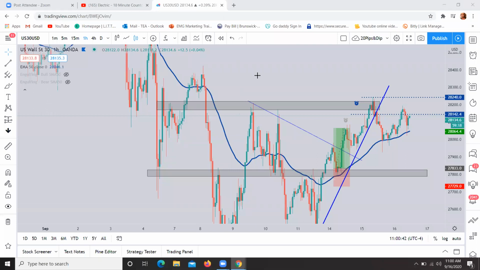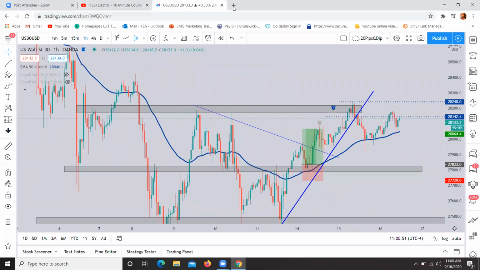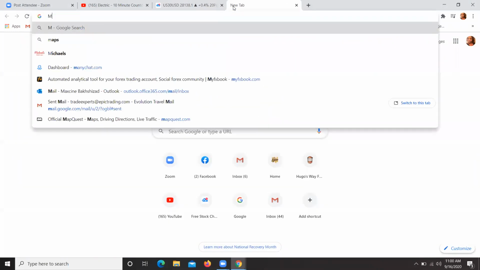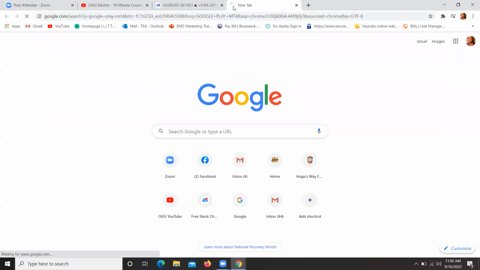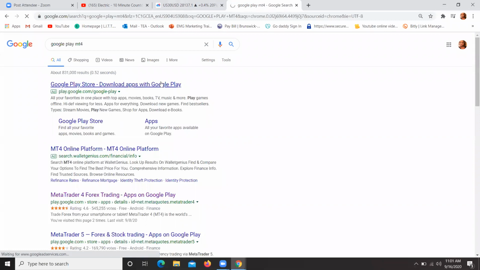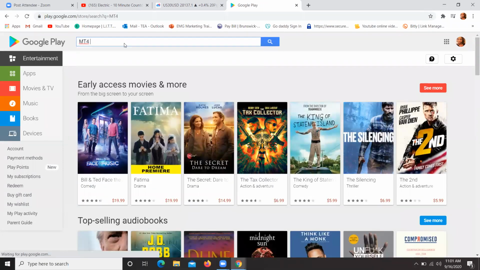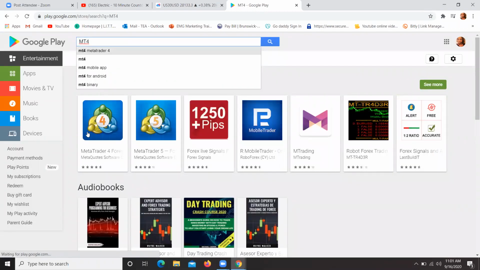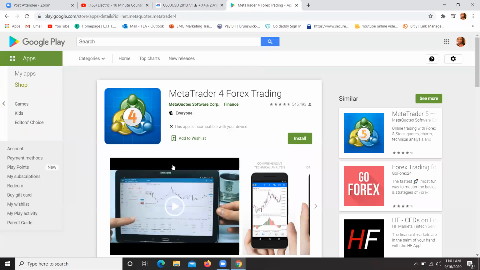All right, so first things first, what do you need to trade? What app do you need to trade? You need to go to your Google Play Store if you have an Android, and look for MT4. This is the one right here. You have to download this.